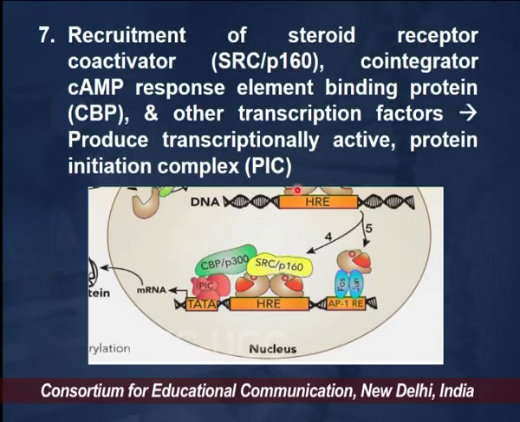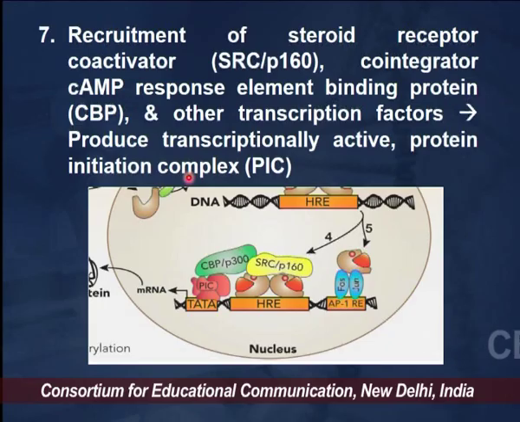It will now recruit a number of coactivators and cointegrators like steroid receptor coactivator SRC-1 and cointegrator cAMP response element binding protein, in short referred to as CBP, and other transcription factors, which will give rise to the PIC, that is the pre-initiation complex.